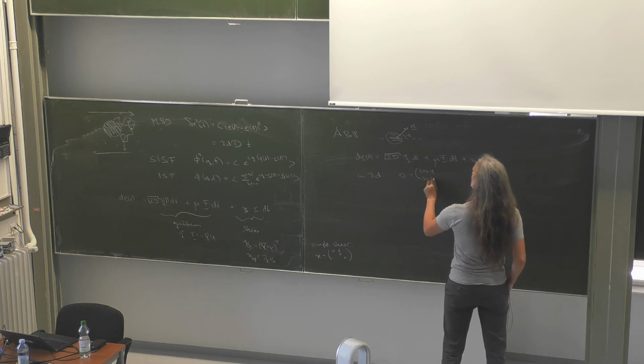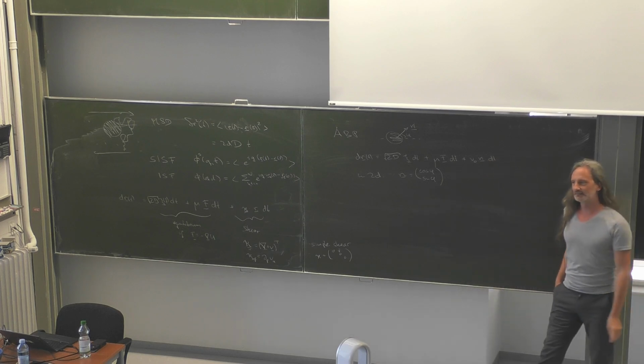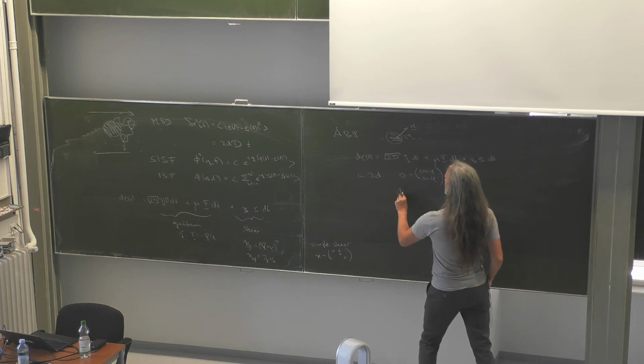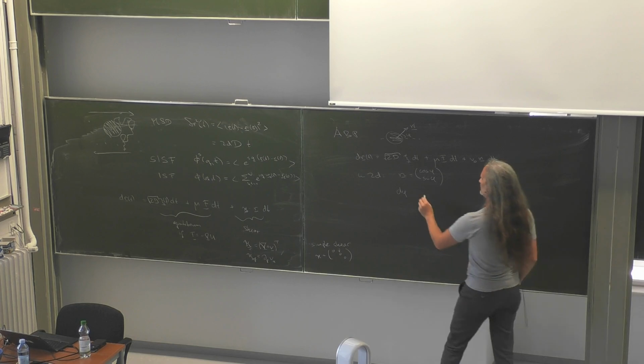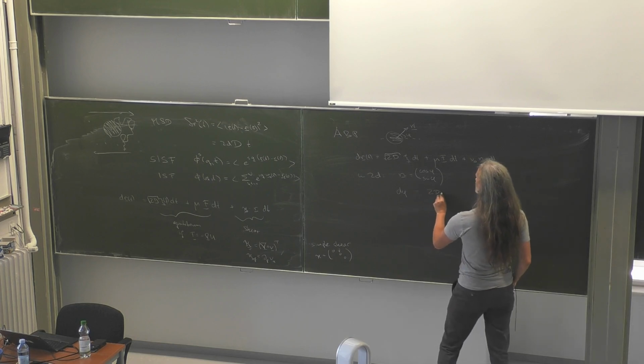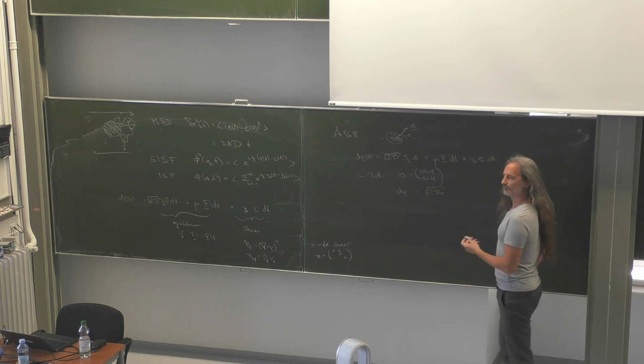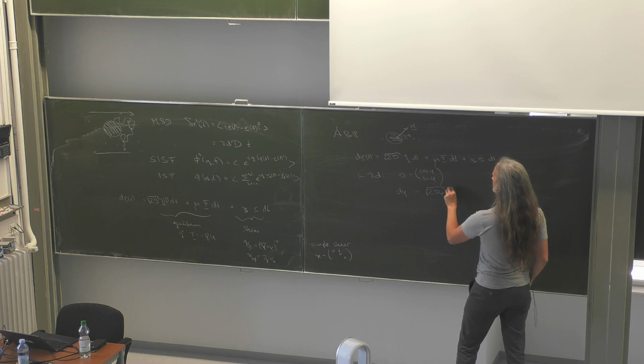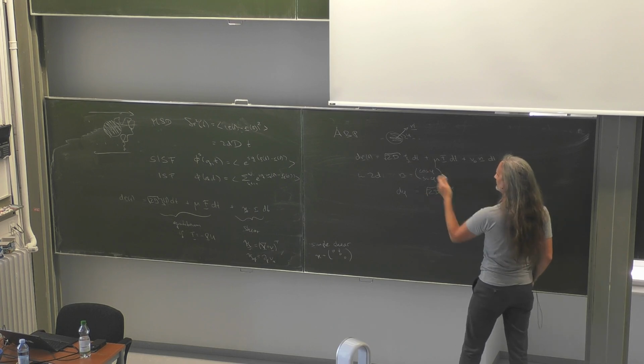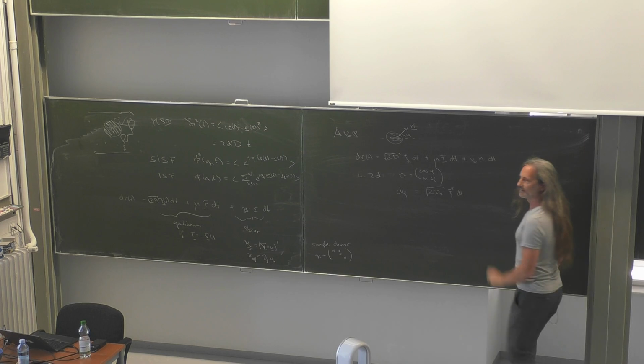So the director is cosine phi, sine phi. Then I just have to write down what the angle does, and the angle will do rotational diffusion. So there will be another white noise that is specific to the angle, and it's uncorrelated with this, and then it looks like this.